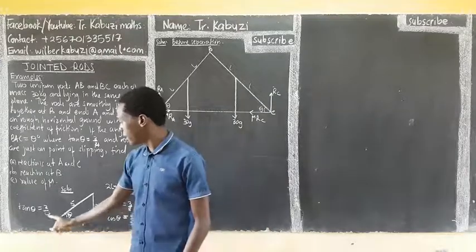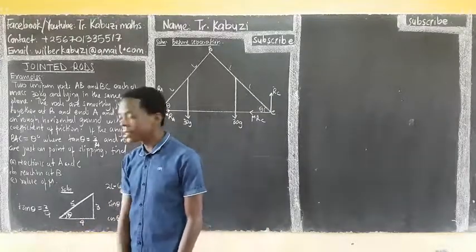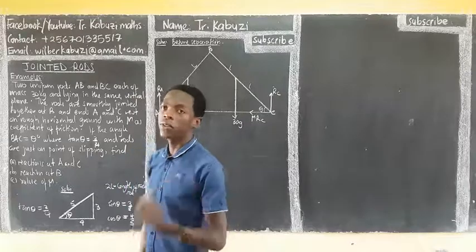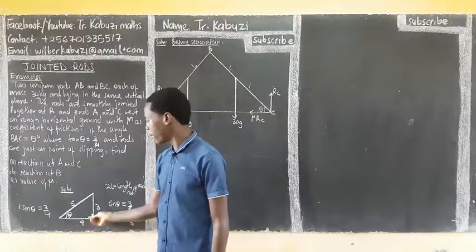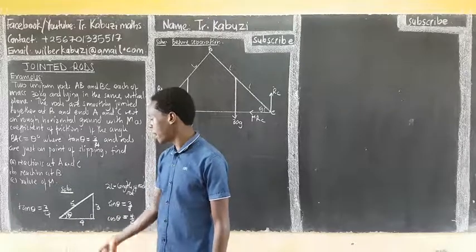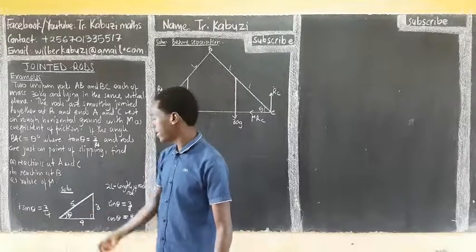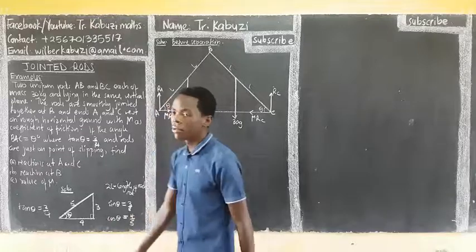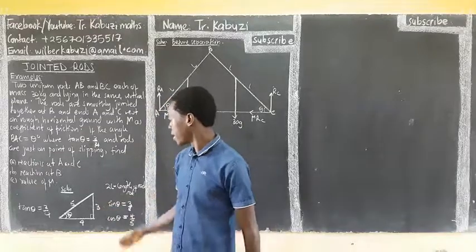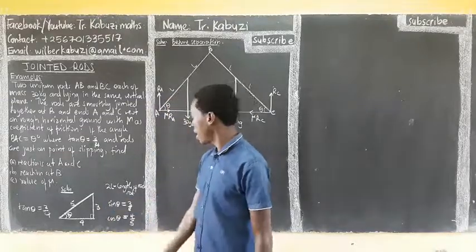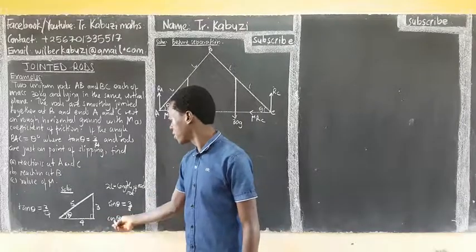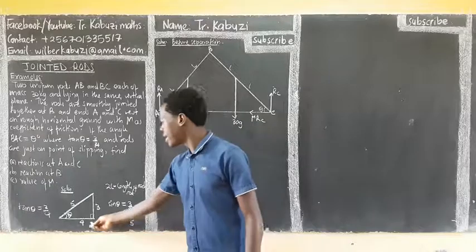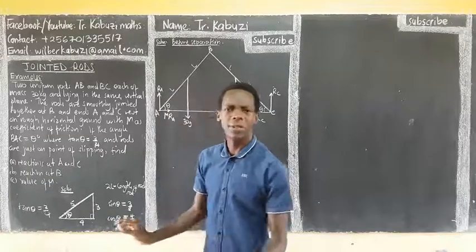They give us that tan theta is 3/4. So this is the opposite and this is the adjacent. Now we need the hypotenuse because we are going to use cos and sine. Using Pythagoras theorem, this square plus this square is equal to this square, so this is 25, then the root gives 5. L is the length of each rod, then sine theta is opposite over hypotenuse, and cos theta is adjacent over hypotenuse. Those are the basic things.